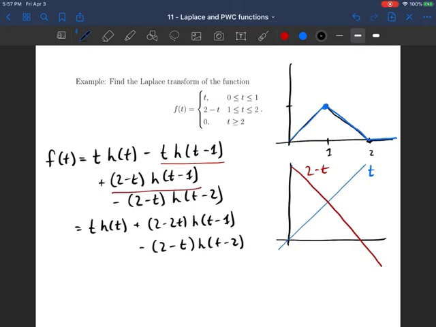And then finally, for the t minus 2, we have minus 2 minus t times h of t minus 2.